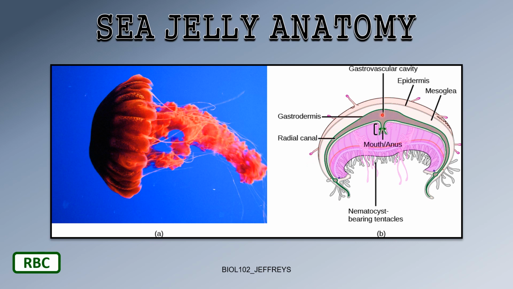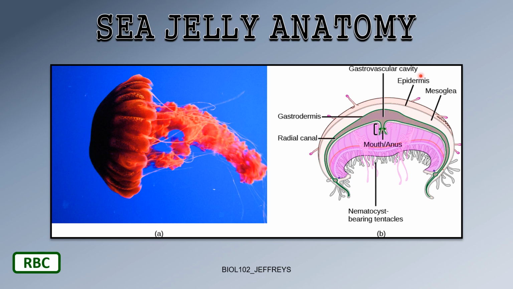Gastrovascular cavity, so that's where food comes in. And we have epidermis there, and mesoglea to fill the cavity, fill the space. And gastrodermis. This is the layer of tissue that lines the gastrovascular cavity.